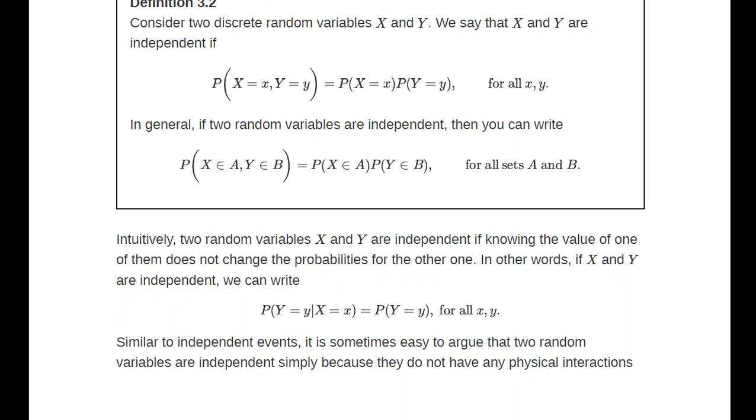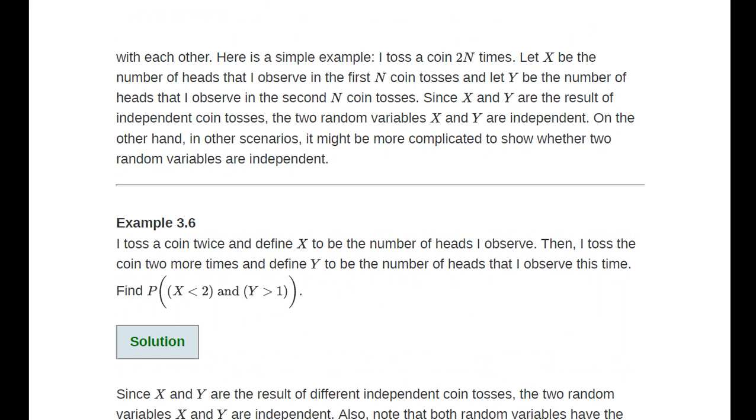Similar to independent events, it is sometimes easy to argue that two random variables are independent simply because they don't have any physical interactions with each other. Here is a simple example.